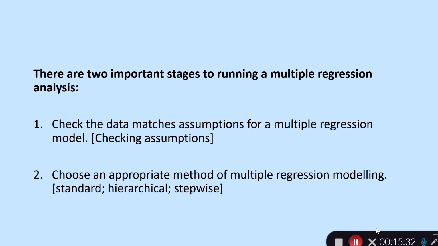There are quite a lot of things to check to make sure that you are not erroneously running multiple regression on data that's not suitable. And the second is to choose an appropriate method of multiple regression modeling, and there are three main types: standard, hierarchical, and what's known as statistical, of which stepwise is the most common. I'm going to make various comments on these as we move on.